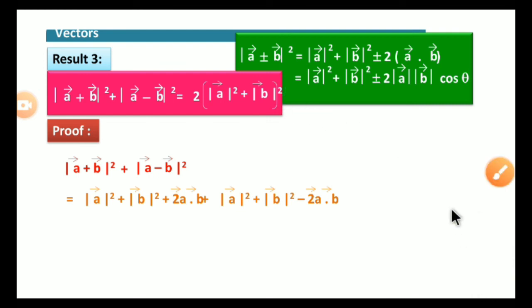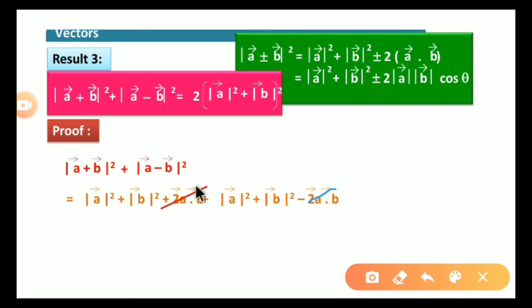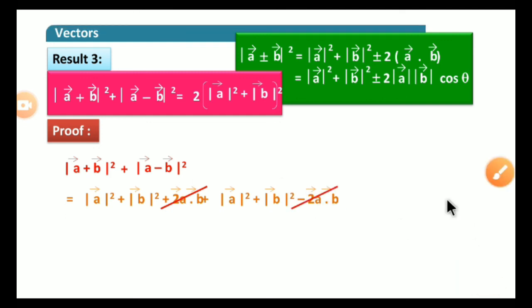Right. Now we can cancel these two terms because both are equal but they have opposite signs. So we can cancel both of them.